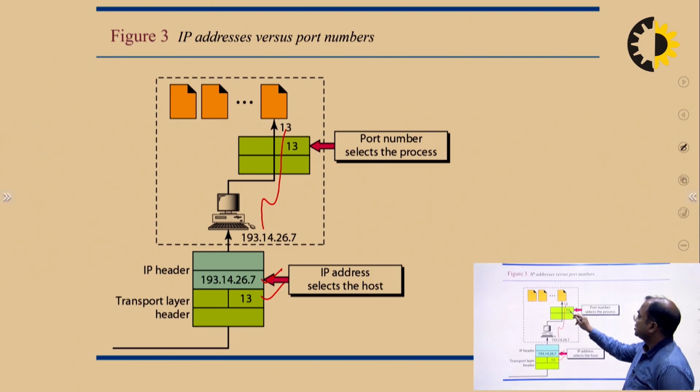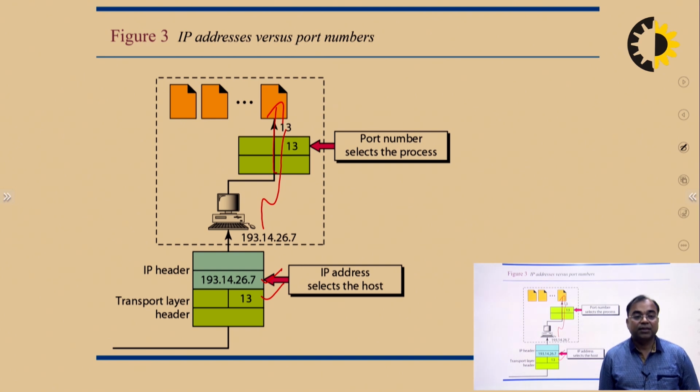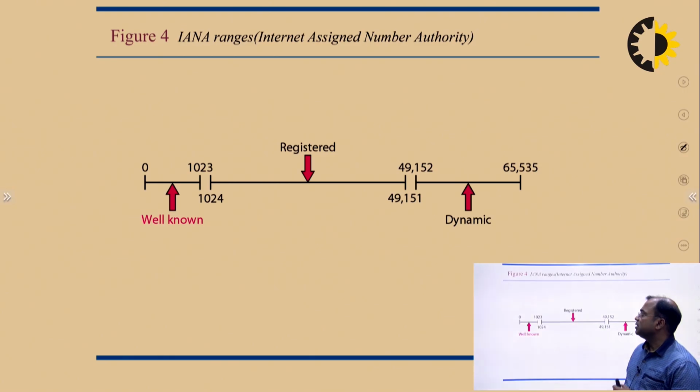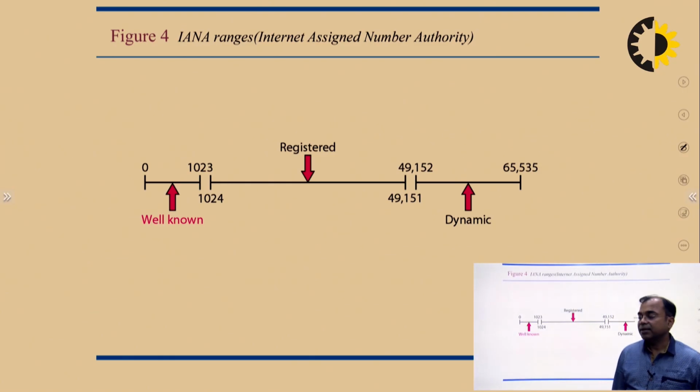They look at the port number and send the data to the selected port, that is, this process. So IP address plus process, that is what the port number of every process is given for. This is how they understand which data is being sent where. All of this depends on the port number.